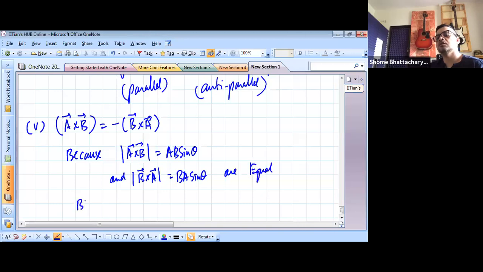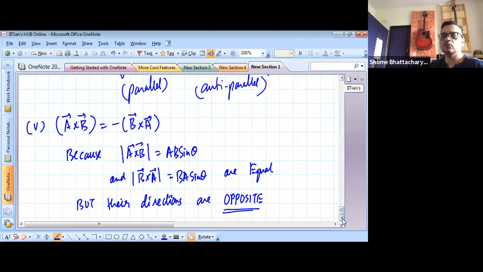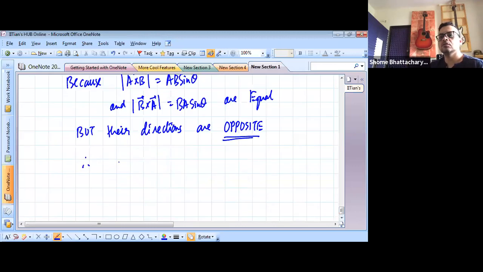But their directions are opposite. As we've seen earlier, if one of them is coming out of the plane, the other is going into the plane. So therefore, A cross B is in fact not equal to B cross A because it's minus of B cross A.